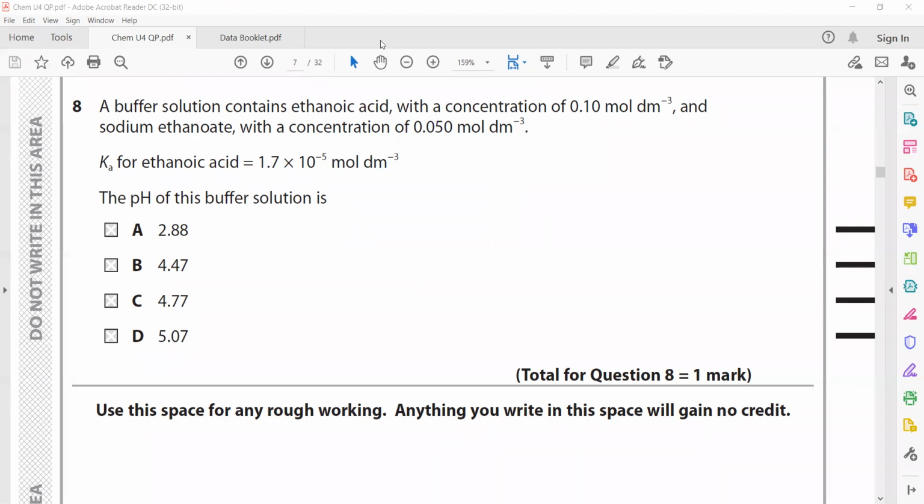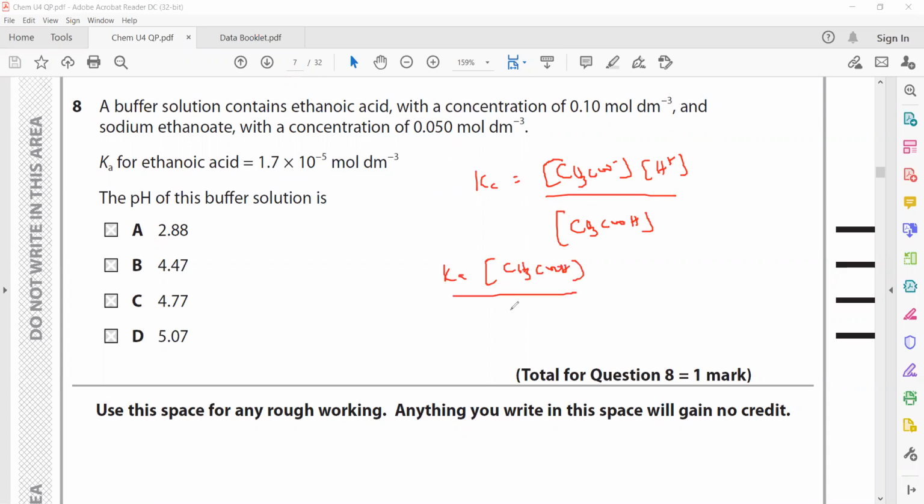When we write the formula for Ka, the dissociation constant of ethanoic acid, it will be CH3COO- ethanoate ion times hydrogen ion, divided by CH3COOH. Or Ka multiplied by the concentration of acid divided by the concentration of the salt is equal to the hydrogen ion concentration.